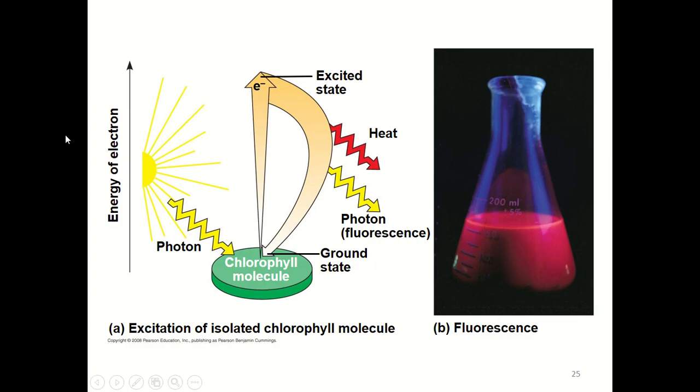So what does it mean? Here are the chlorophyll molecules. We have an electron here. Once the energy strikes the chlorophyll molecule in the form of a photon, what will happen? The electron from the ground state over here will jump, or excite, to here in the excited state.